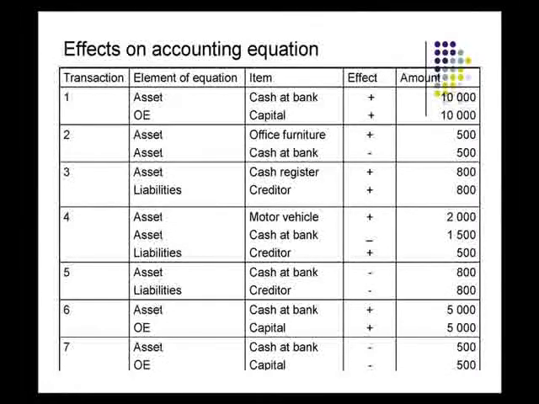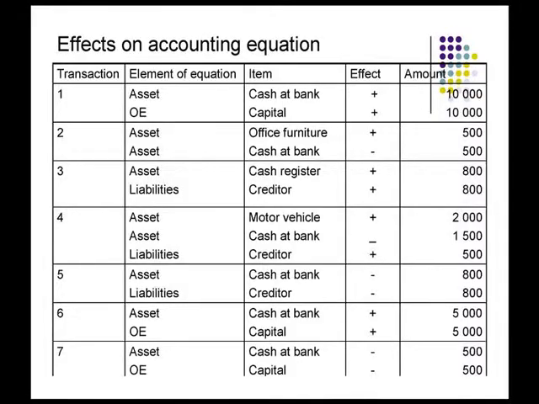Item of accounting equation means the exact item of the asset. Asset consists of a large number of items. Cash, motor vehicle, so we listed them down earlier. And then we must know whether the asset or the cash at bank increases or decreases. Effect is increase or decrease. And the amount involved. This is to analyze the transaction and understand whether it is increase or decrease and the item of element.